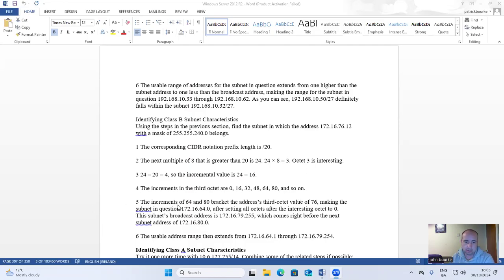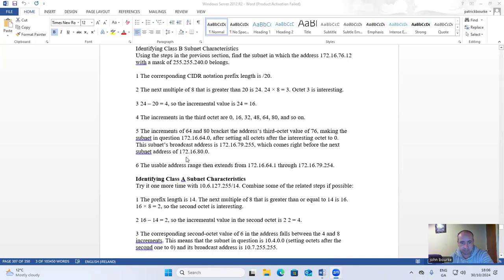5. The increments of 64 and 80 bracket the address's third octet value of 76, making the subnet in question 172.16.64.0. After setting all the octets after the interesting octet to 0, this subnet's broadcast address is 172.16.79.255, which comes right before the next subnet address of 172.16.80.0.